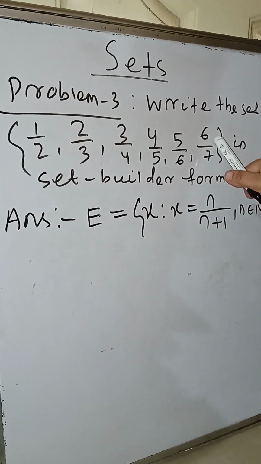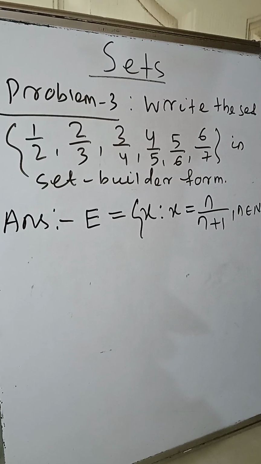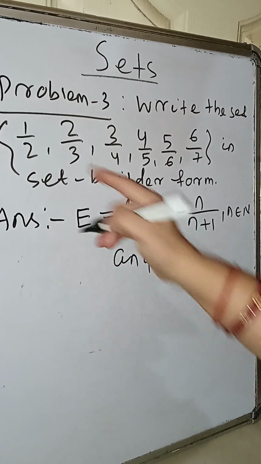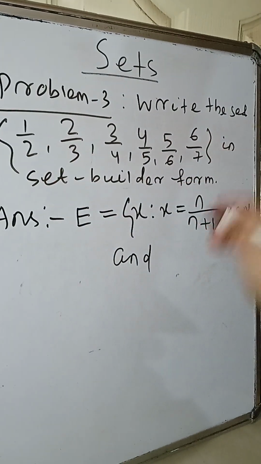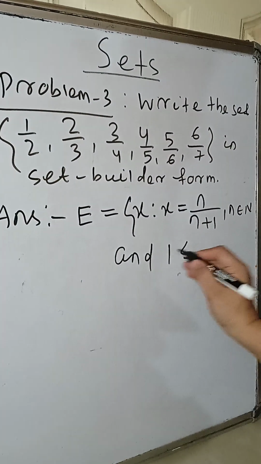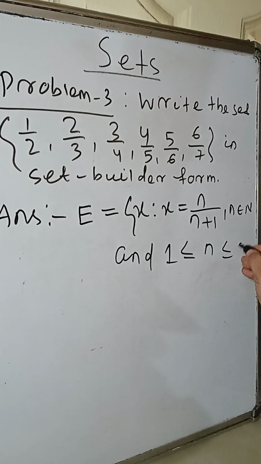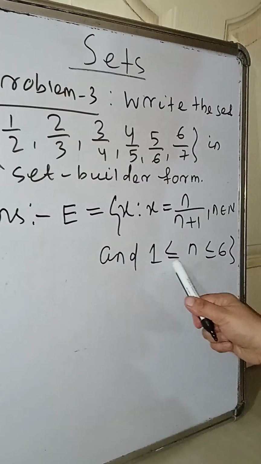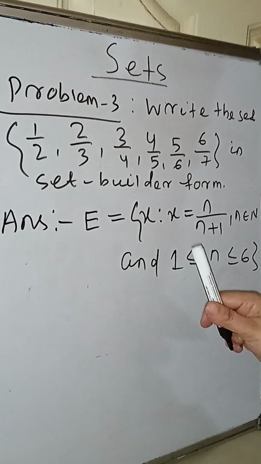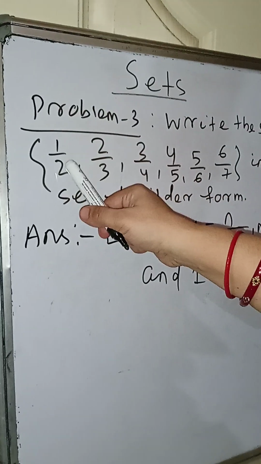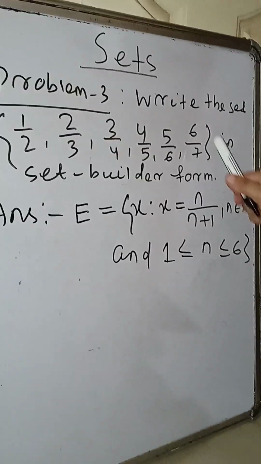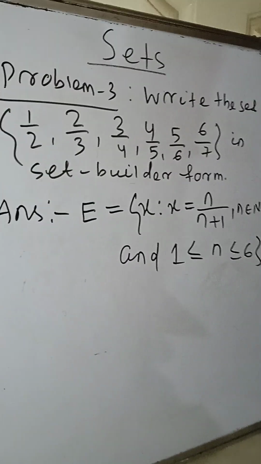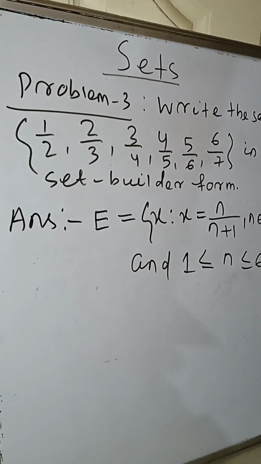In the last fraction, the numerator is 6. So you can write n belongs to N, and n begins from 1 and ends with 6. So 1 less than or equal to n less than or equal to 6, which means 1 and 6 are both included here. The first fraction has numerator 1 and the last fraction has numerator 6. So this is your set in set builder form.